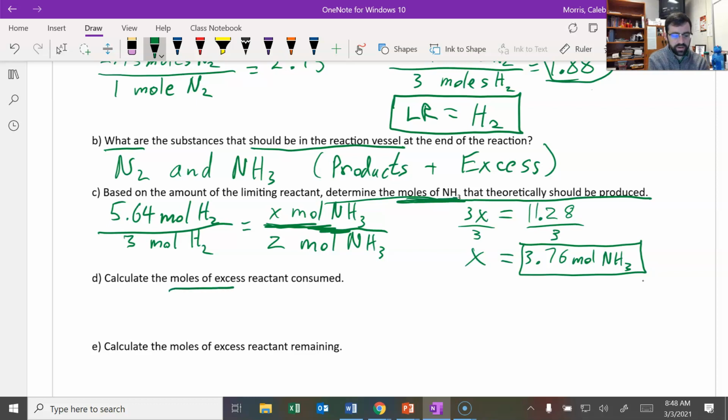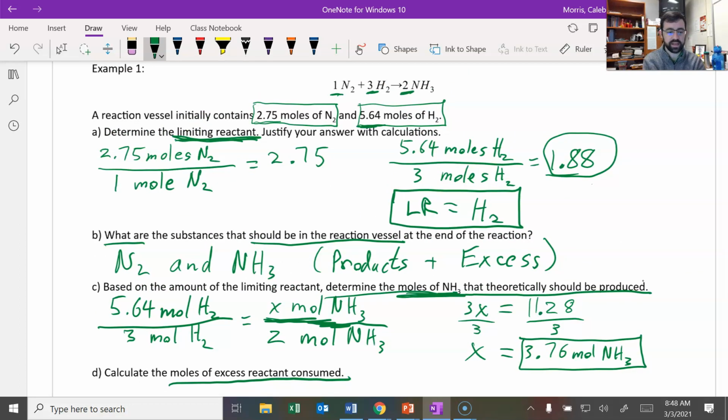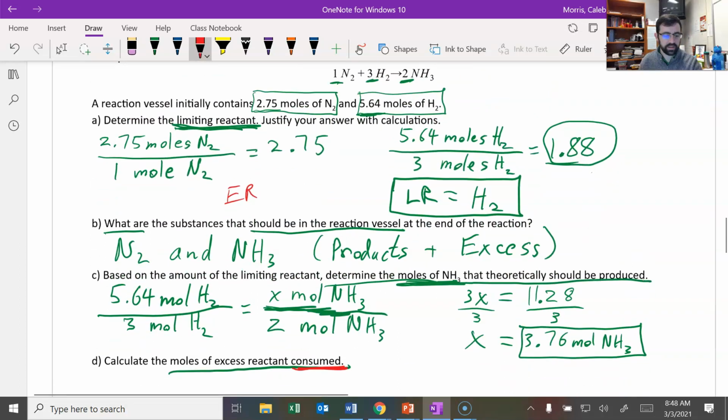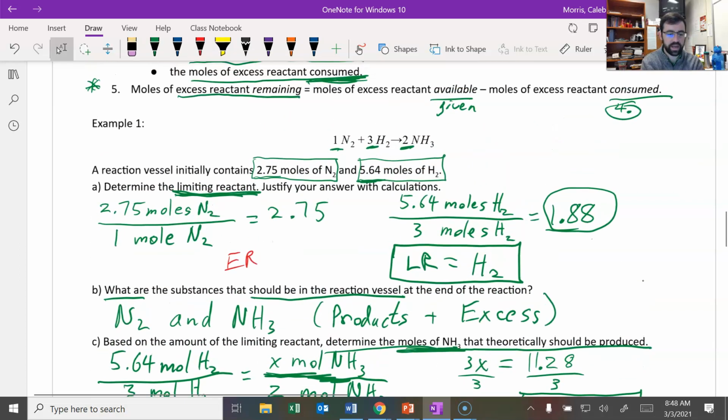Calculate the moles of excess reactant consumed. First, we have to think back. What was our excess reactant? Well, limiting reactant is H2, so our excess reactant is N2. So I'm going to have a new X. I'm looking for moles of excess that was consumed or used. So in this case, my excess reactant is nitrogen. That's what I'm looking for, the number of moles, X moles.